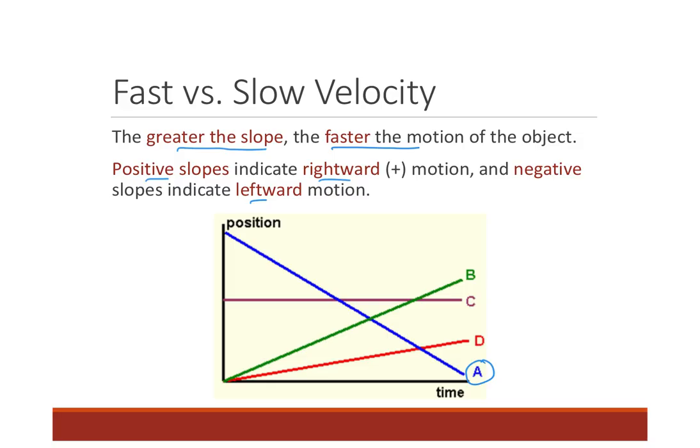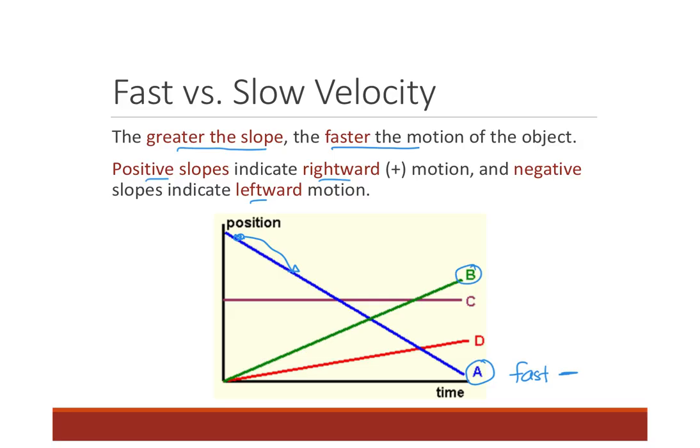At the 0 point, the object would be up here, and as it travels in time, it is moving back towards your starting point, with 0 being your starting point. So it's going in a negative or leftward direction, and it is fairly steep. So we would say it is going pretty fast, in a negative direction.